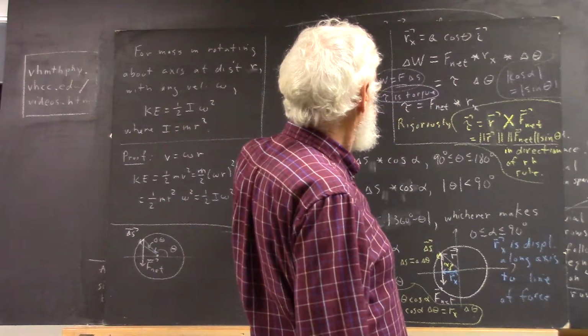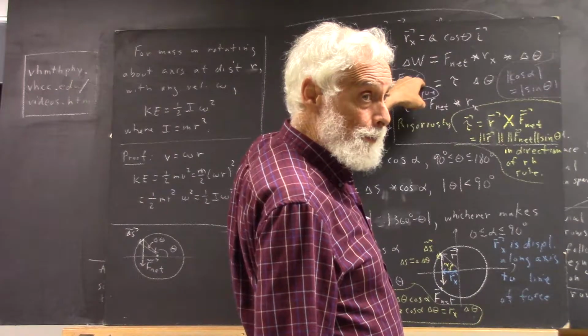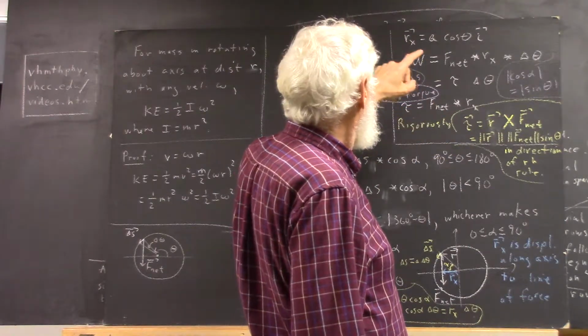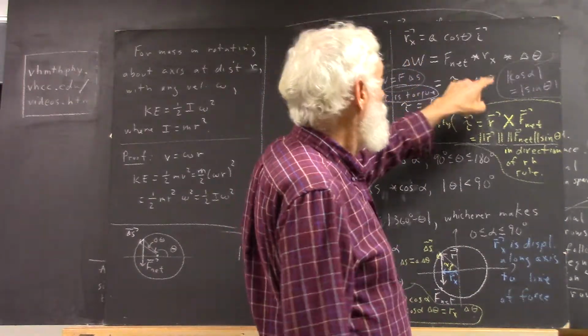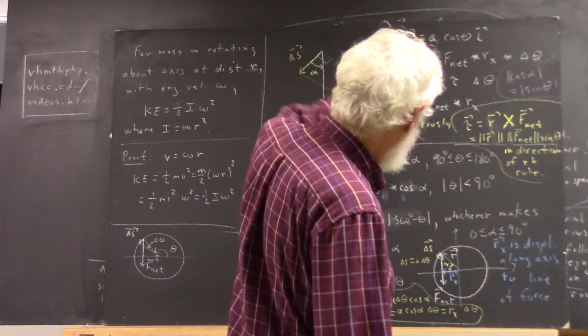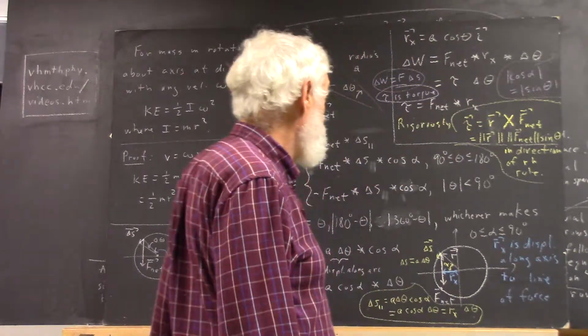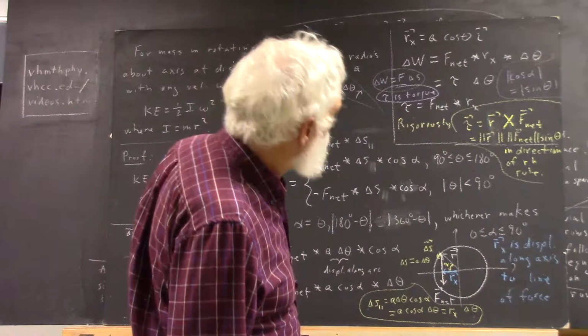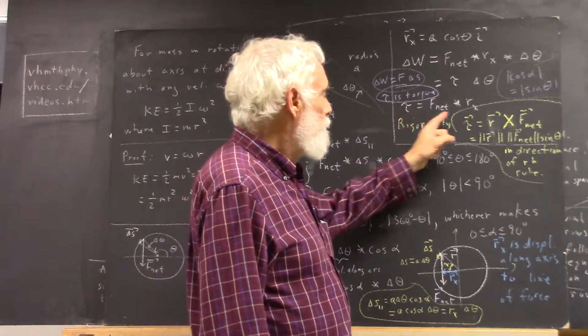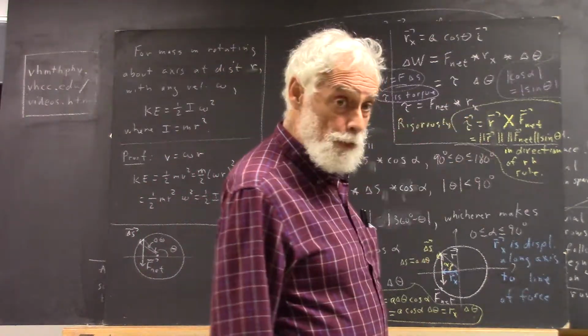So just as work is force times displacement, work is torque times angular displacement. If you go to the angular quantities, you have to use this thing we call torque. And the torque is F net times Rx, okay?